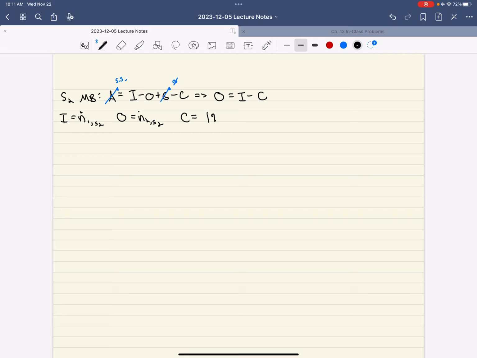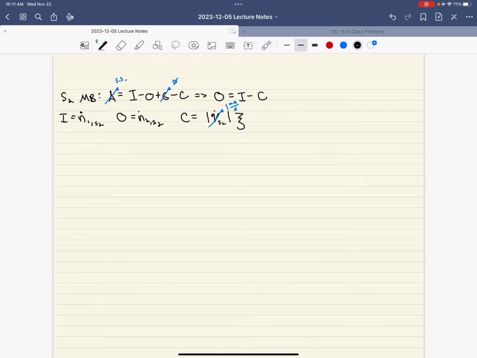it's going to be the magnitude of the stoichiometric coefficient for the sulfur times the extent of reaction. In this case, this magnitude is going to be 1 mole per second. Okay? All right.